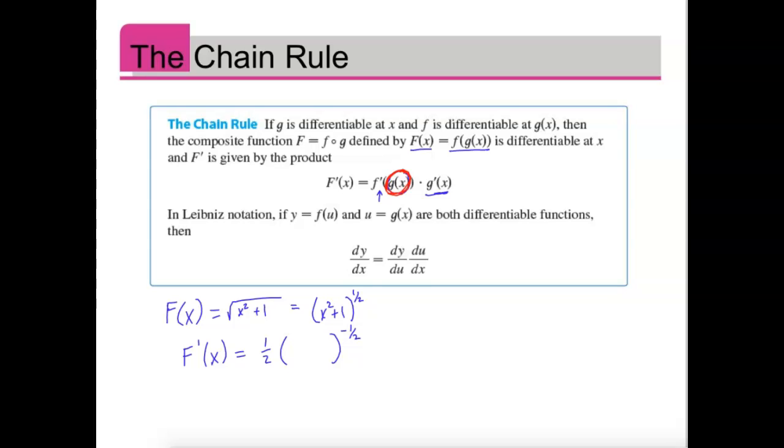What's our inside function in this case? Can you guys put it in the chat for me? Yeah, x squared plus 1. So we're going to leave x squared plus 1 alone for now. But then we multiply by the derivative of the inside function. So what would the derivative of x squared plus 1 be?